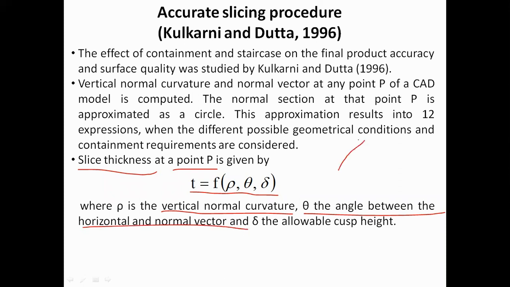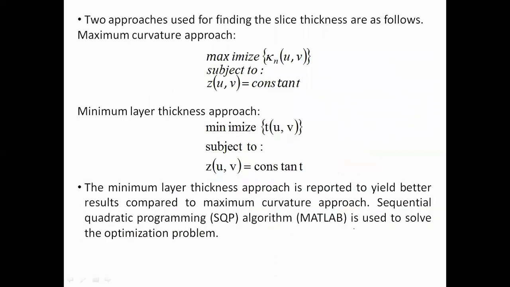So suppose the normal vector is going in this direction; with respect to this axis, what is the value of theta? This gives you the value of theta, and delta is the allowable cusp height. So now the layer thickness is basically a function of cusp height, the angle between horizontal and the normal vector, and the vertical normal curvature.